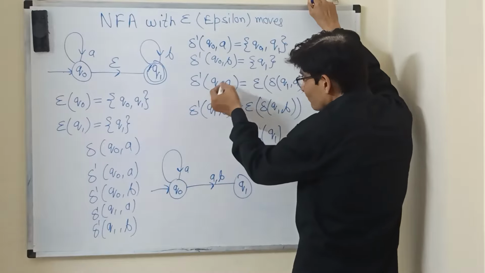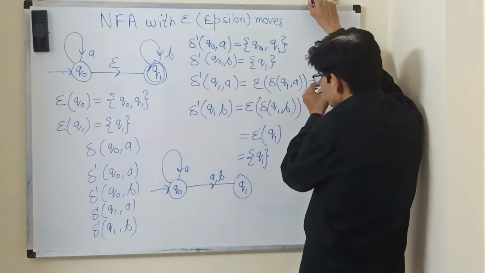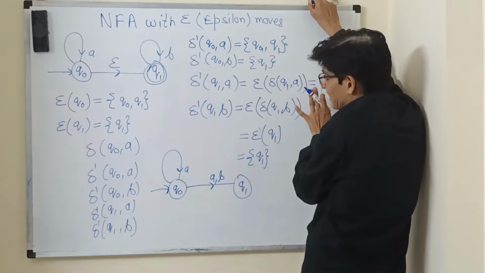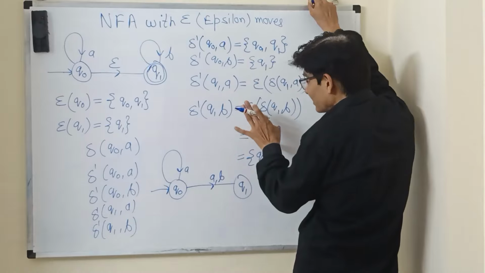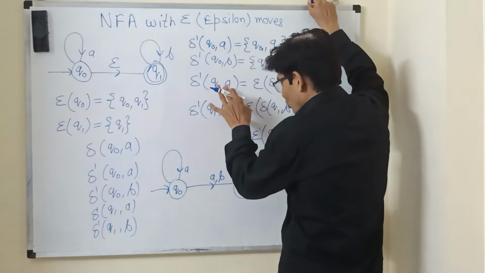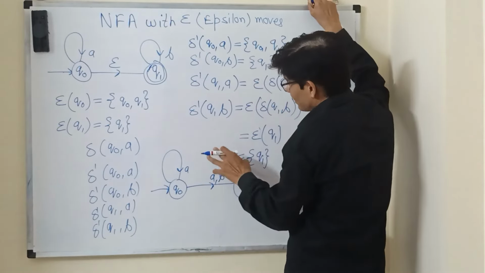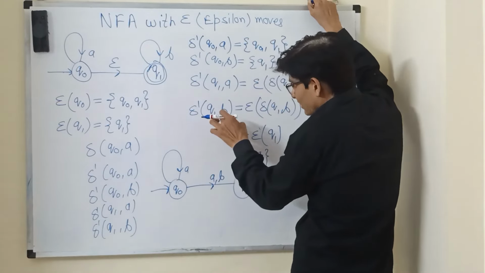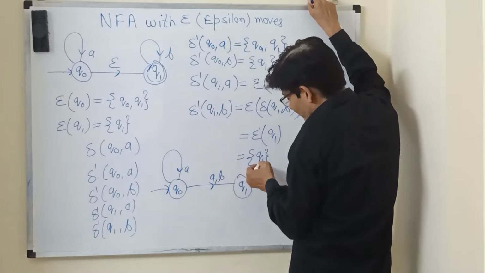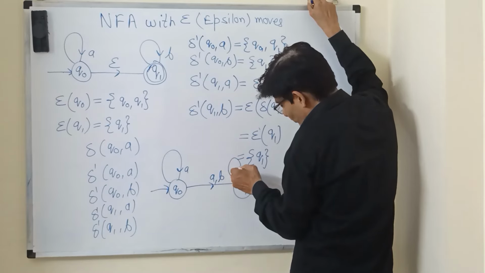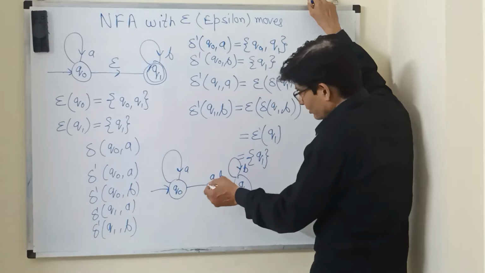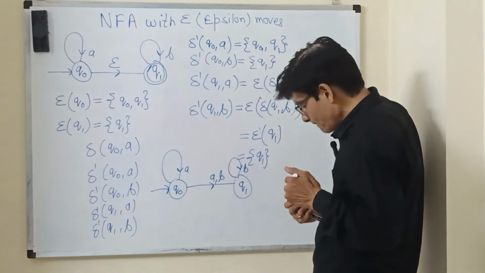On Q1, if we get A, we get phi, that means no transition of A on Q1. Then on Q1, if we get B, we move to Q1 itself.